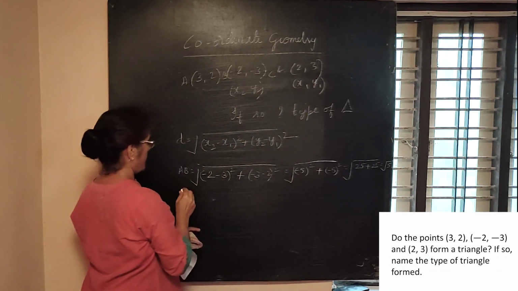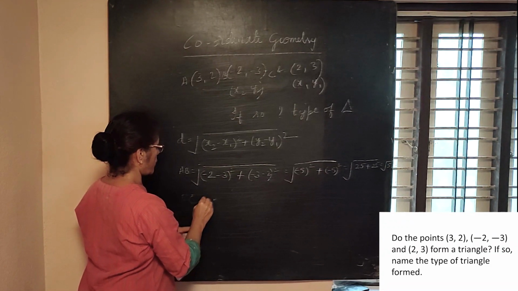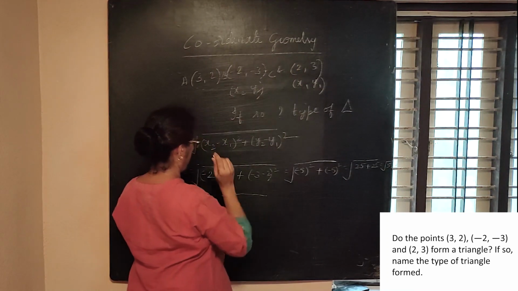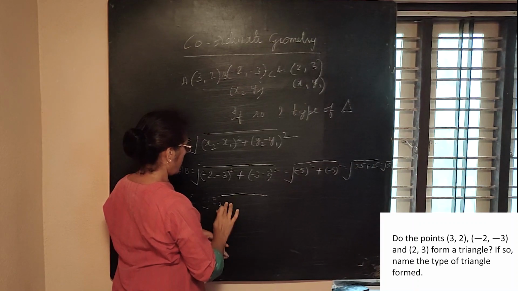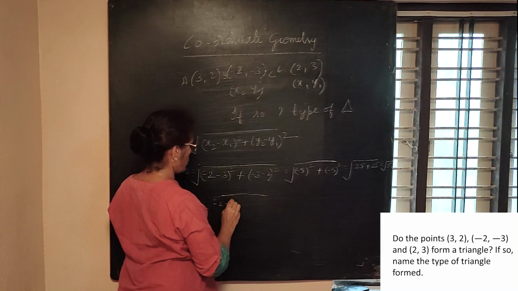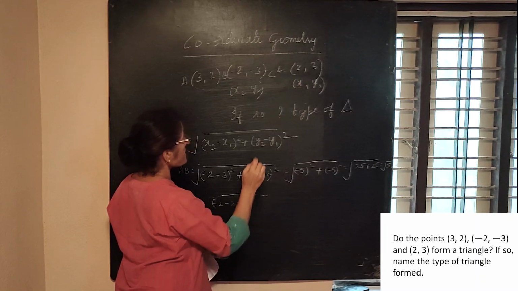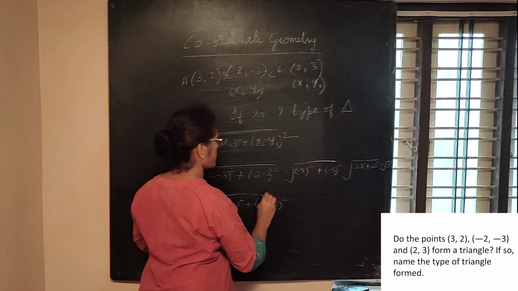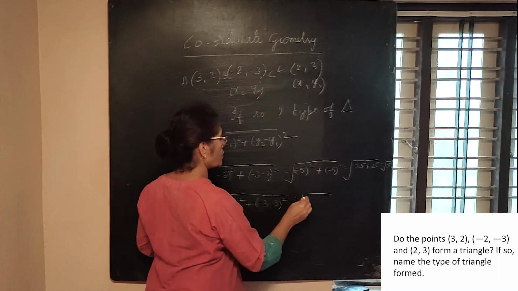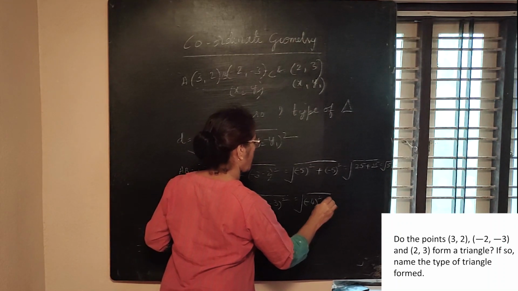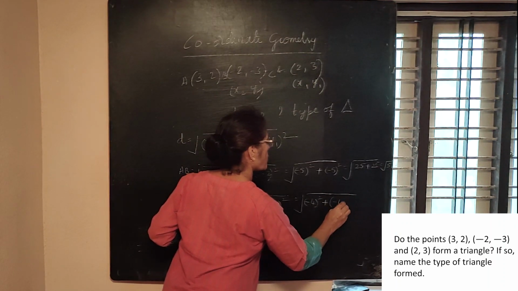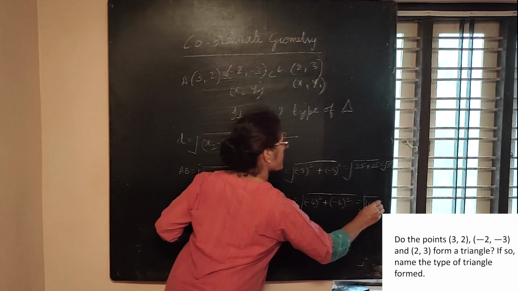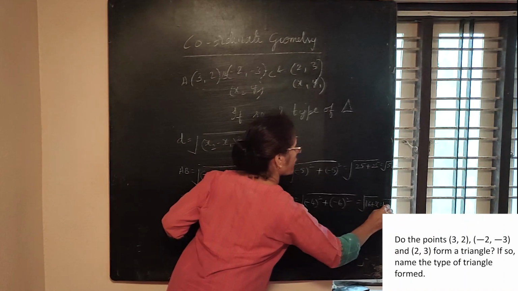So BC is equal to the square root of (2 minus (-2)) the whole square plus (3 minus (-3)) the whole square, which is the square root of 4 squared plus 6 squared, which is the square root of 16 plus 36, which is the square root of 52.